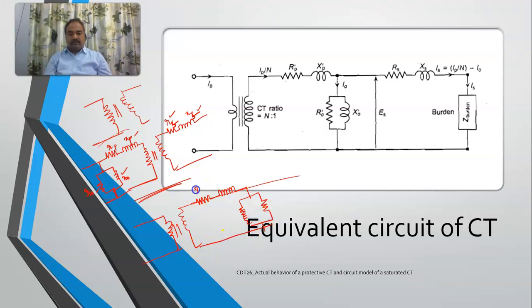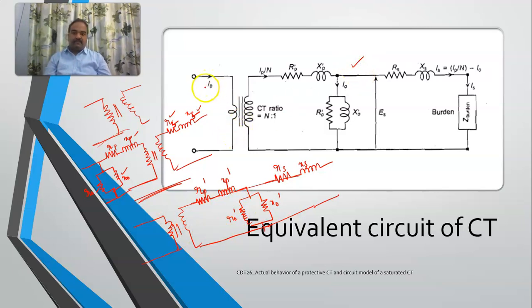These are the primary side quantities which are referred to my secondary side, and these two represent the secondary side also. So no change. This is the circuit which I have represented here.